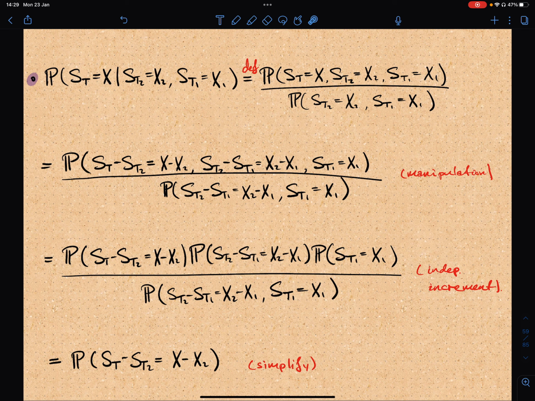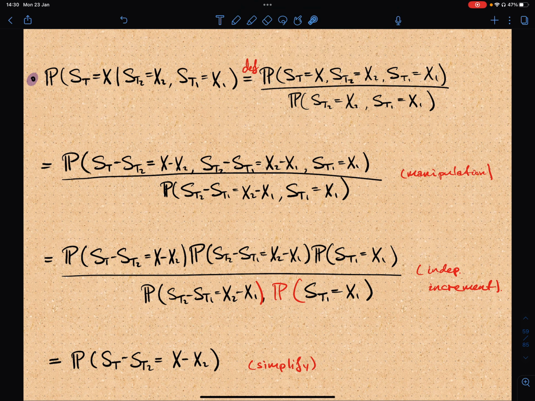And again, using the independent increment property, we can write this as the product of two probabilities because these are independent increments. I should have noted that you can also manipulate this event and show that it's equal to this event. And then this is equal to this, using the independent increment property.